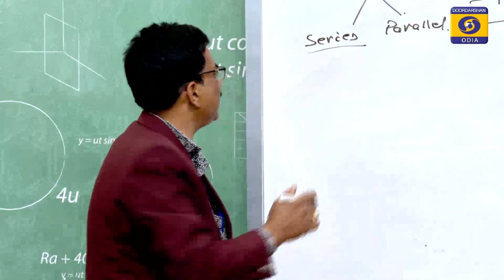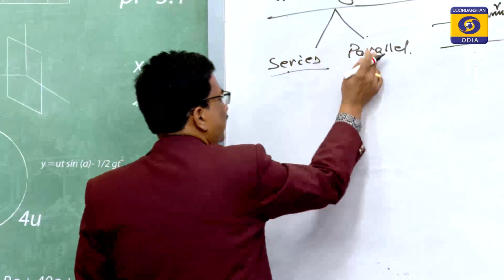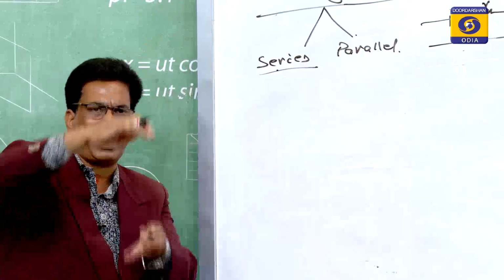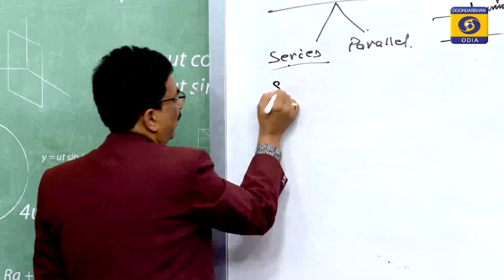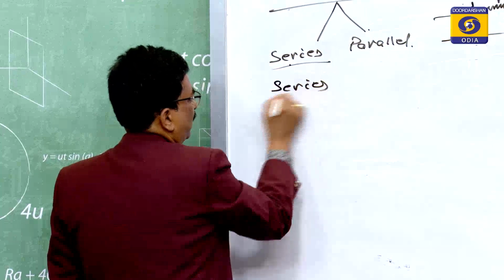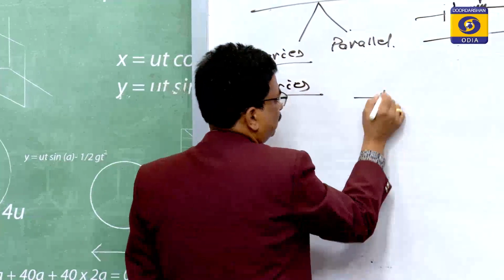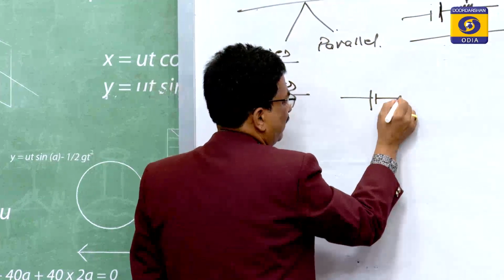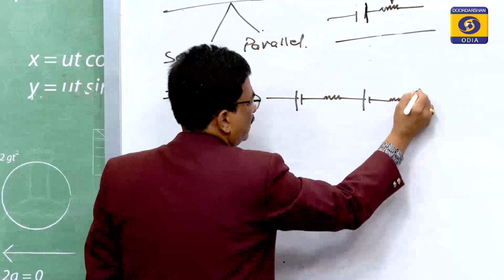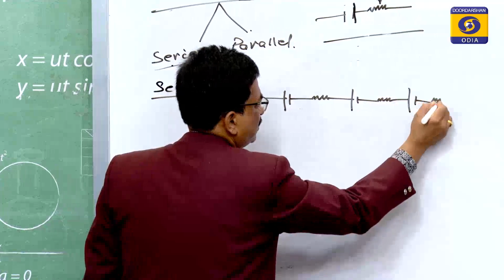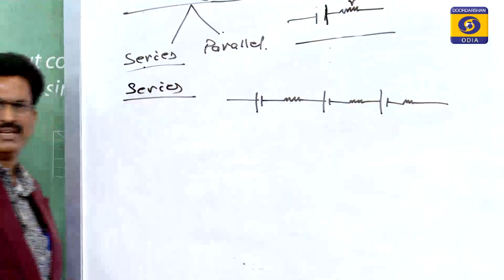When the grouping is made in that way, that is series, and in parallel they are of similar size and placed side by side. So if we go for the series one, suppose this is a cell, this is a cell, and this is a cell. Suppose I have taken 3 cells.